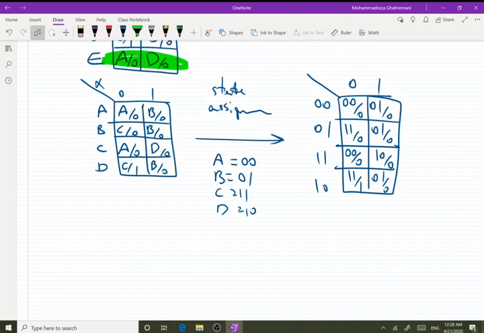So this one is the state table, and then we need to design it with two JK flip-flops.